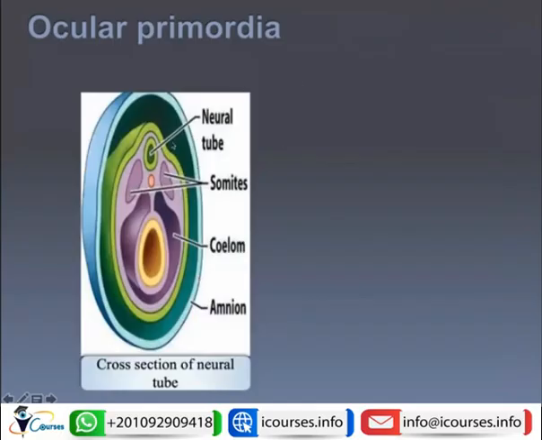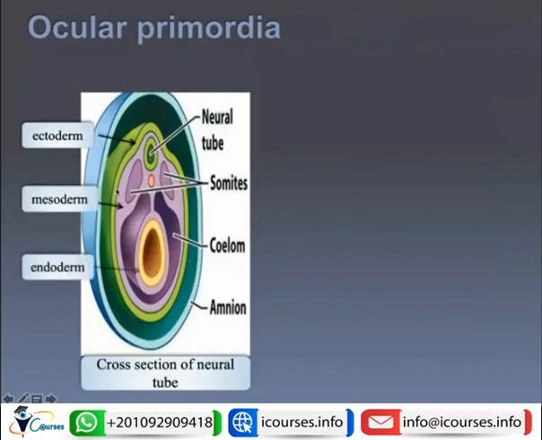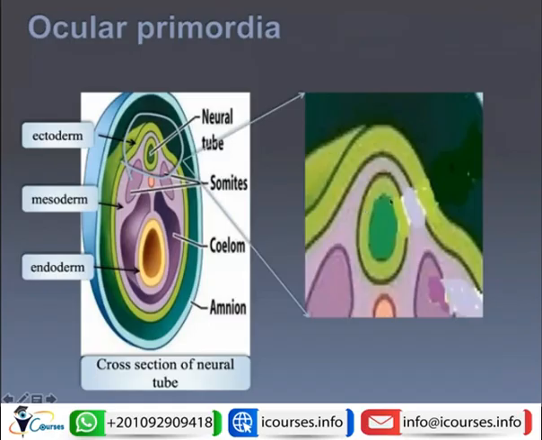Here we have again a section in the embryo. Here is the greenish layer, the surface ectoderm, and this is the neural tube. This is the ectoderm, here we have the mesoderm, and here we have the endoderm. If we enlarge this section, we can see that this is the neural tube. At the area of the forebrain, it will undergo lateral pouching.